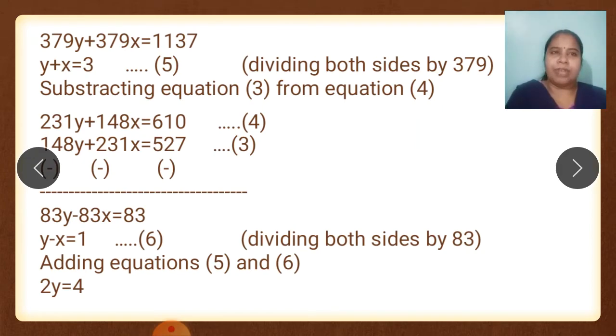Now, dividing throughout by 379, what we will get? y plus x is equal to 3. I don't expect you to learn the table of 379, of course. You can simply multiply and find out at what time you will get this 1137. Okay. So y plus x is equal to 3. Put it as equation number 5.